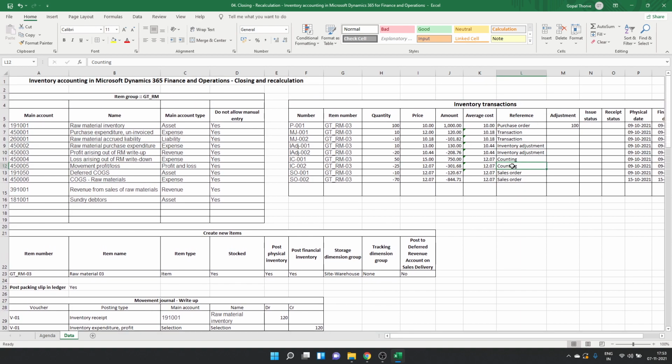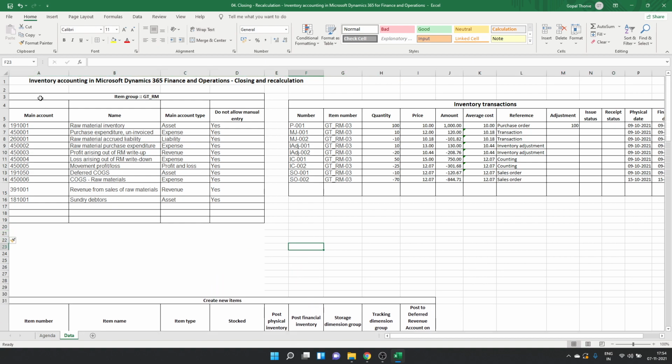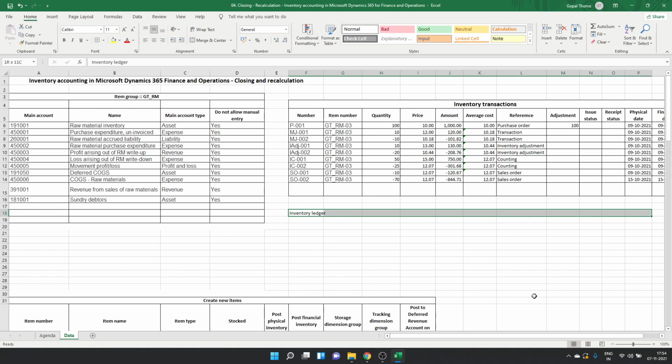Okay, but my inventory ledger for this particular item, okay, it is not recorded like this. So let's build that ledger in Excel, which will be helpful for further transactions also. So inventory ledger, or I can say in system we have one view, invent value trans view, okay, where transactions are recorded in a sequential manner.